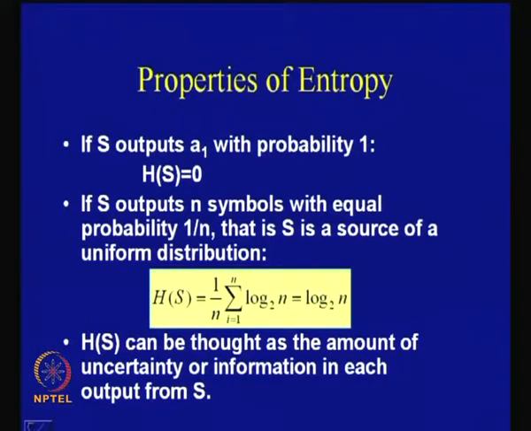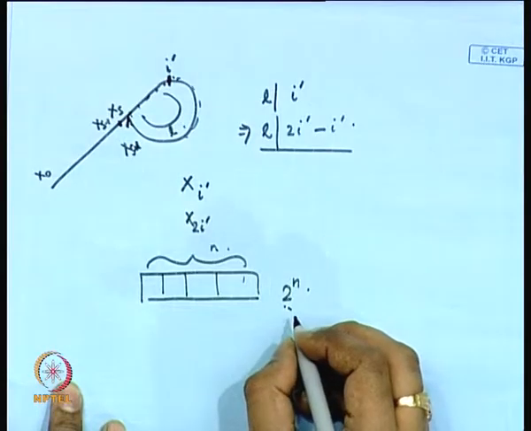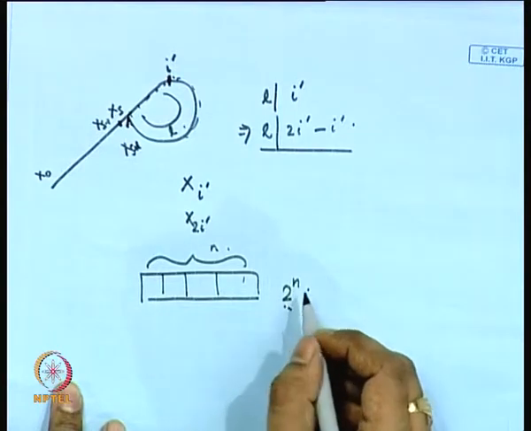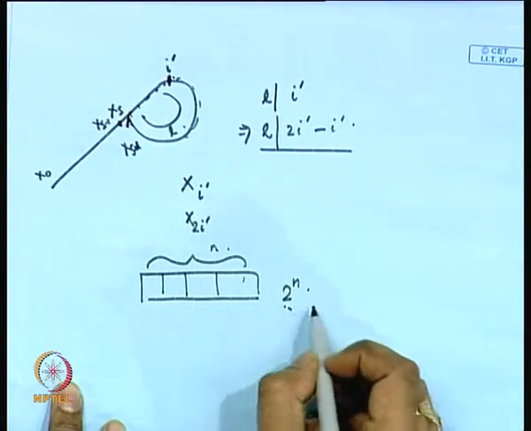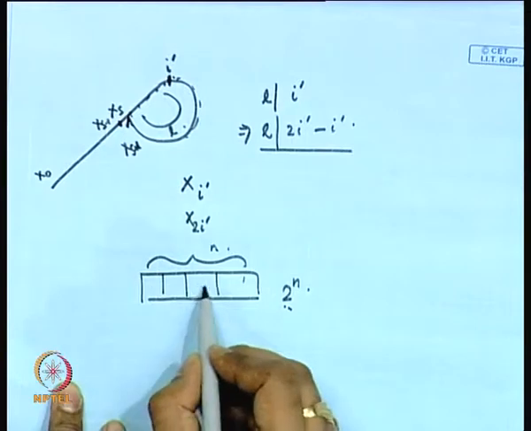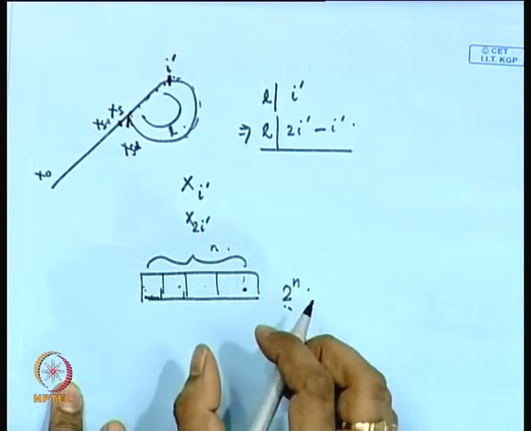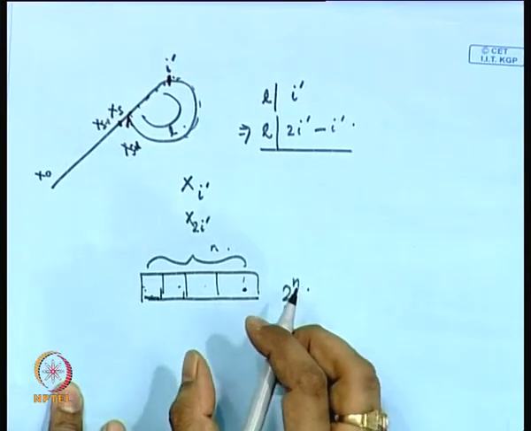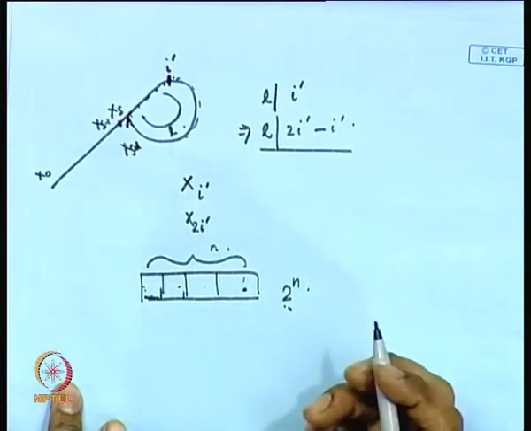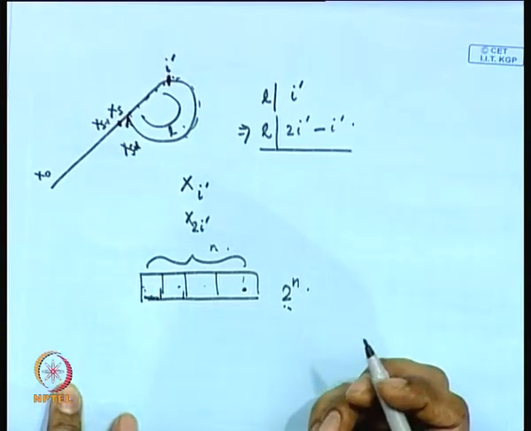So in that case the number of bits required in order to find out the value of x is actually n. So you need to ascertain these n bits in order to find out the value. That is essentially the amount of uncertainty or the amount of information you need to find out the value.